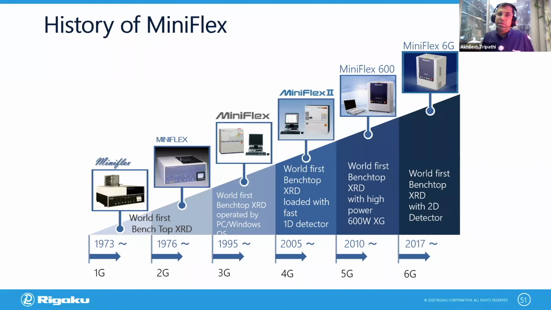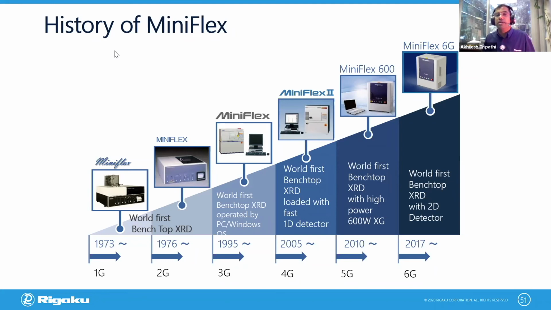And last but not the least, Miniflex is our state-of-the-art benchtop X-ray equipment. We started the world's first benchtop equipment in 1973, calling it now the first generation. It saw many stages. 1995, the world's first benchtop operated by Windows. 2005, the world's first benchtop loaded with a 1D detector, which enhanced the speed 30 to 40 times over the conventional 0D scintillation counter detectors.